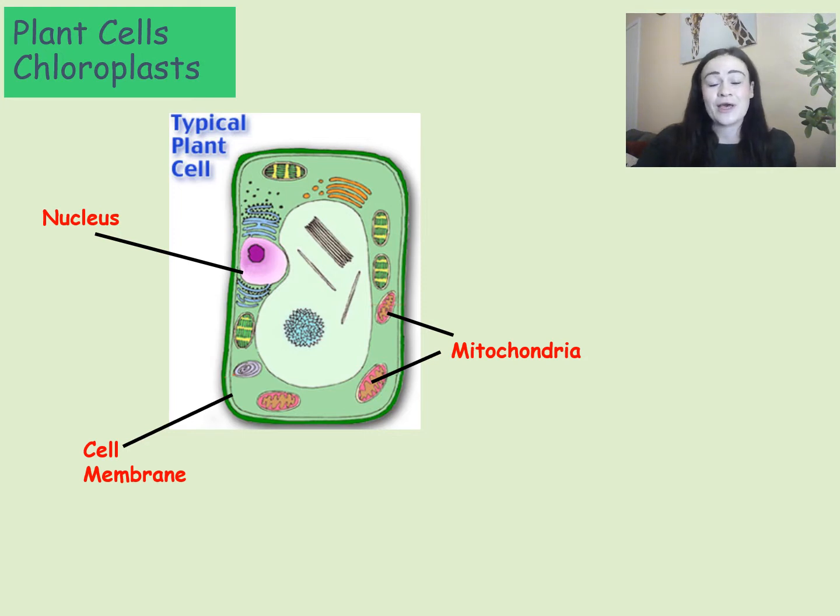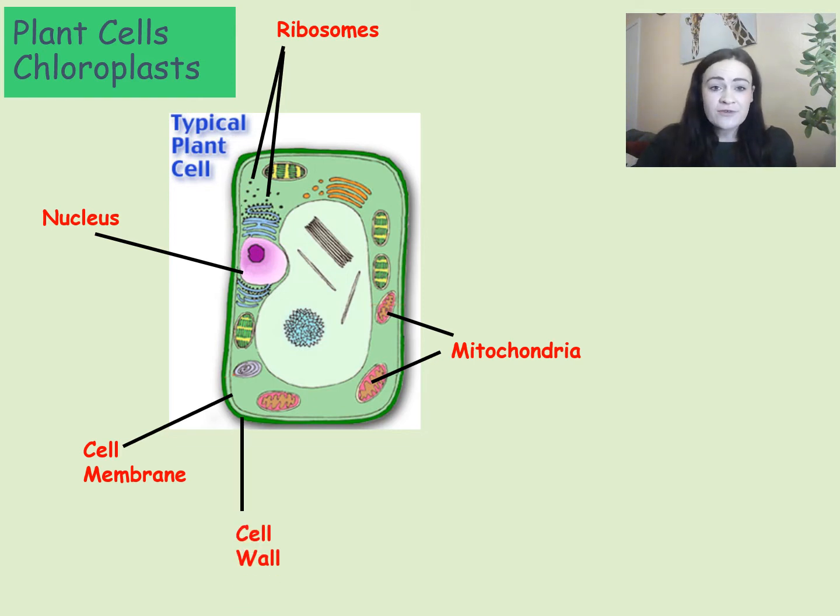So that's where that glucose is broken down into ATP, so that all animals and plants can use that for cell activities. And we've got ribosomes, which are the site of protein synthesis. So these are 4 features of a plant cell that are shared in animal cells as well.